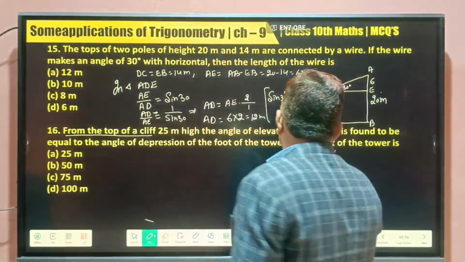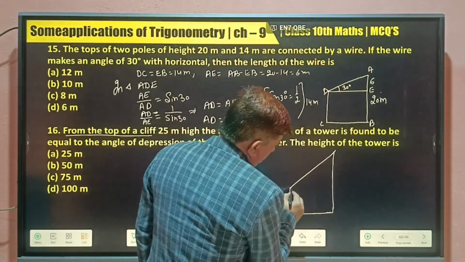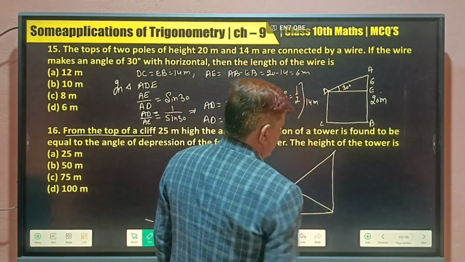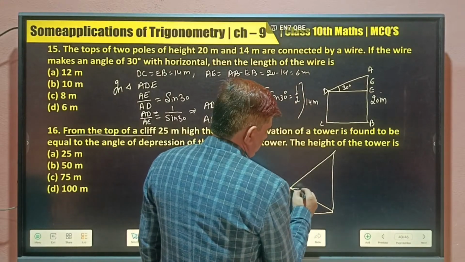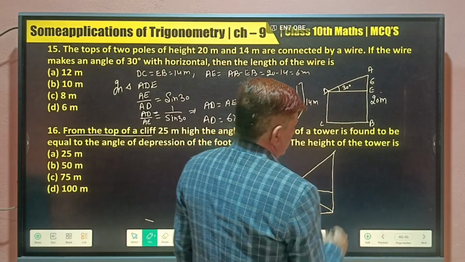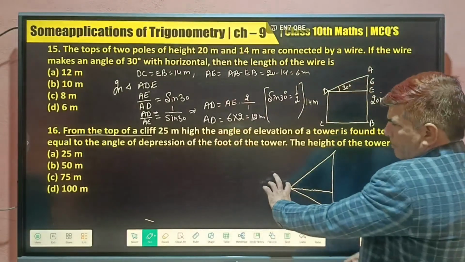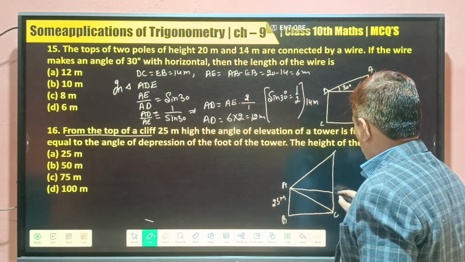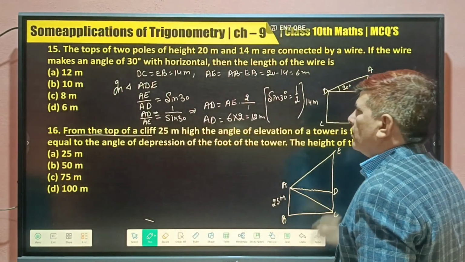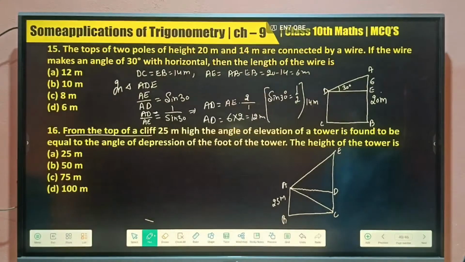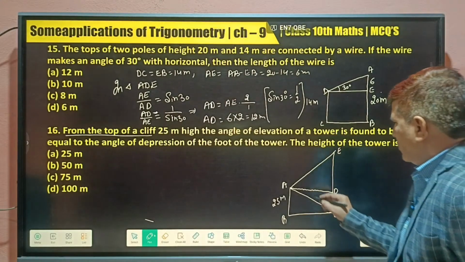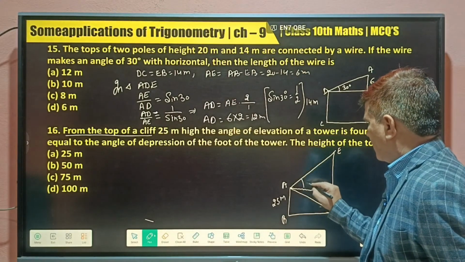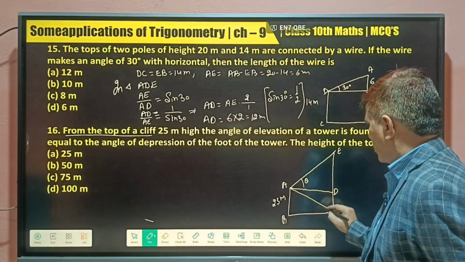Understood? And one angle is formed this. This is the cliff. Say A, B, C, D, E. We have to find out the height of the tower. I am saying this angle is theta, this also theta, so this also theta.